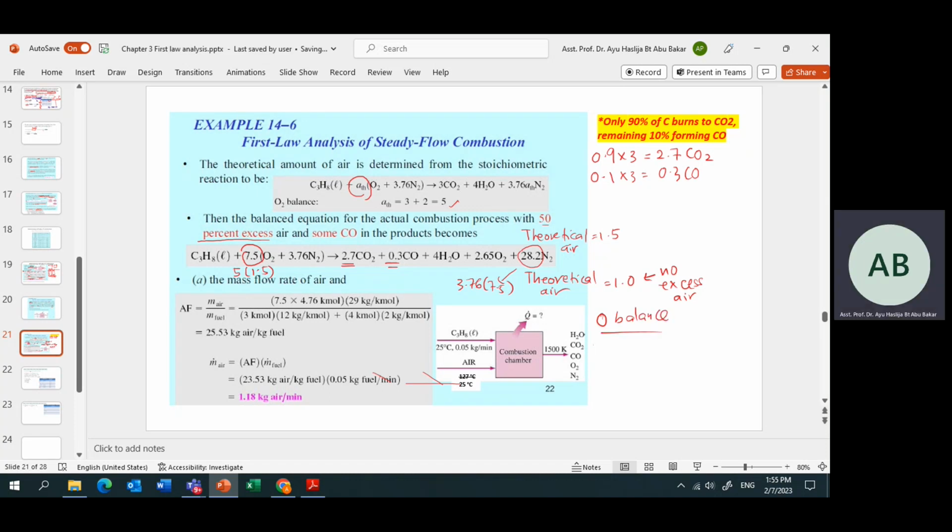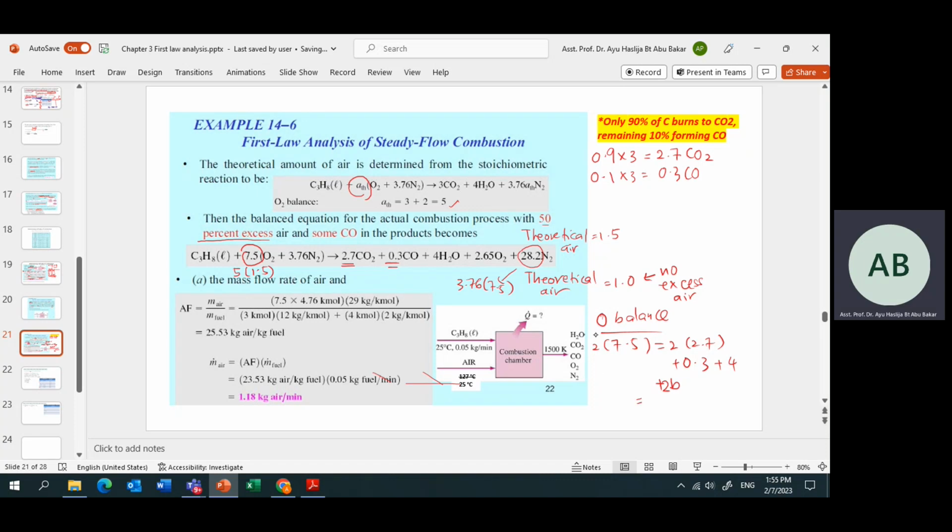So here, 2 multiplied by 7.5 equals 2.7 plus 0.3 plus 4 from the water plus, here just now is unknown. So let's say I put B, 2B.